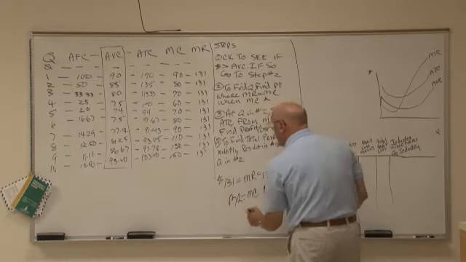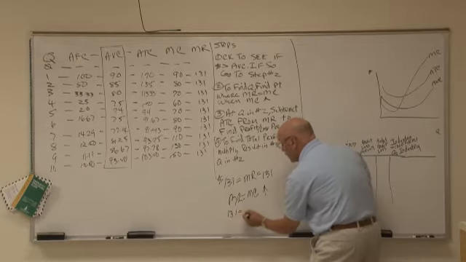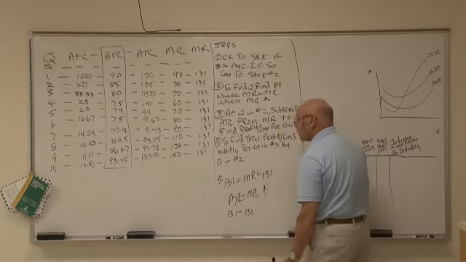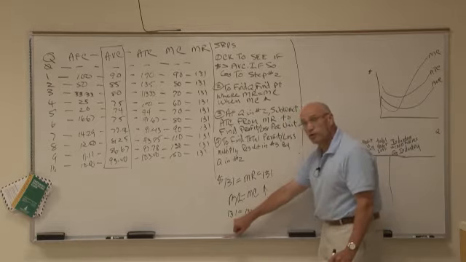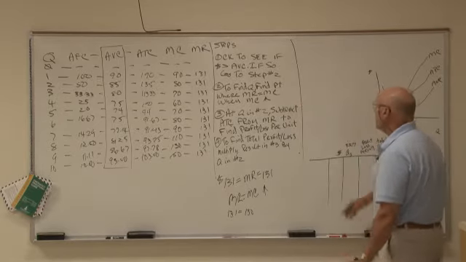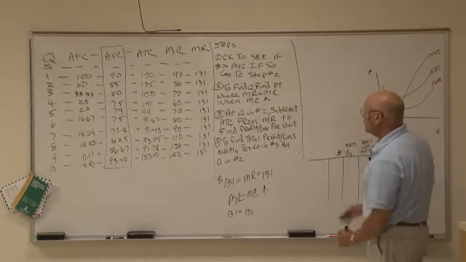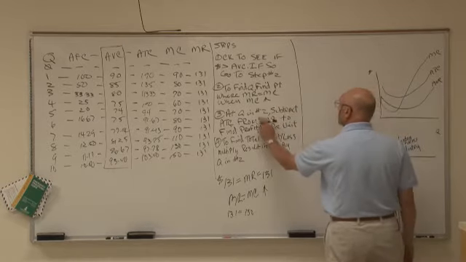So at this point, I will produce at the point where my marginal revenue is equal to $131 and my marginal cost is equal to $130. That's the greatest point of equality, but heavier on the marginal revenue side. So therefore, I will produce 9 units. So in this case, I will produce 9 units.